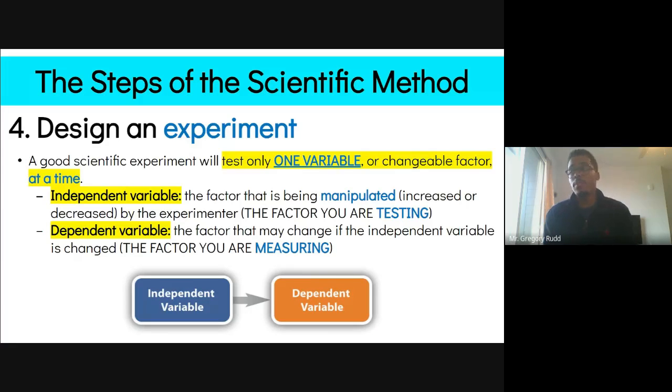The independent variable is the factor that you're actually testing, the thing that you're manipulating. Okay, so this might be time. Let's say that I want to know what the effect of time is on how an egg is boiled.